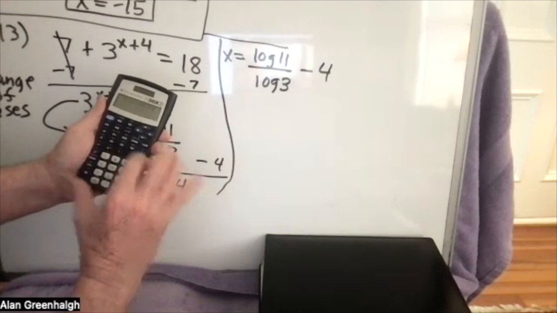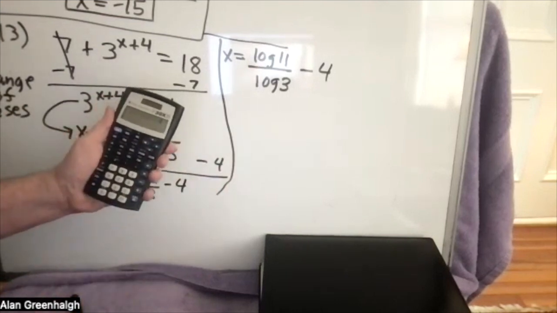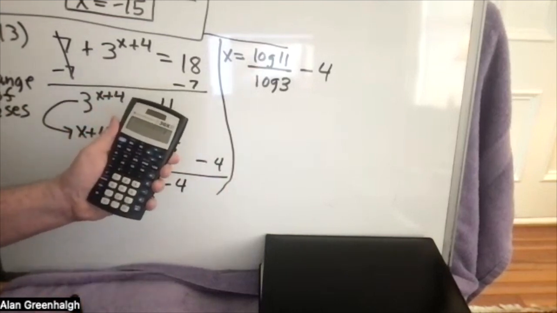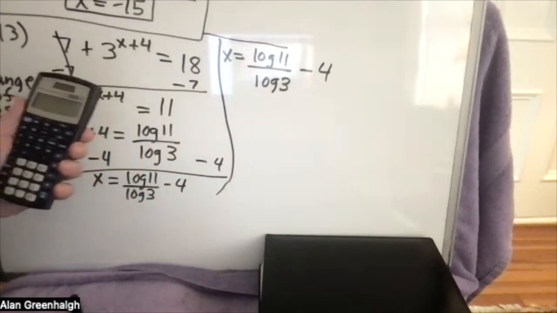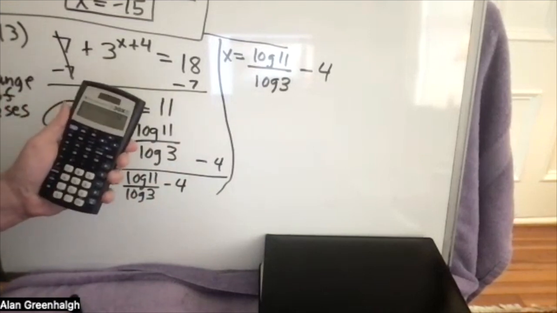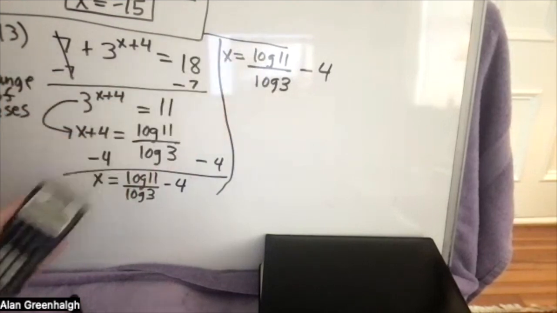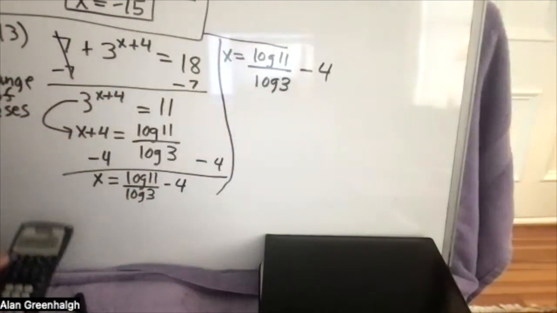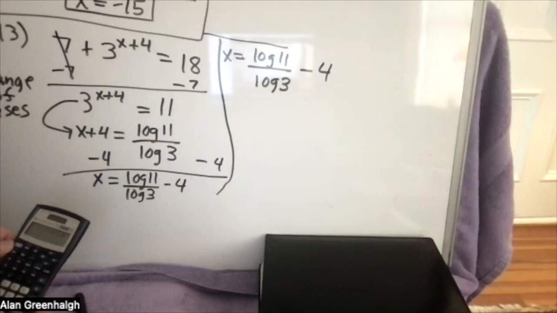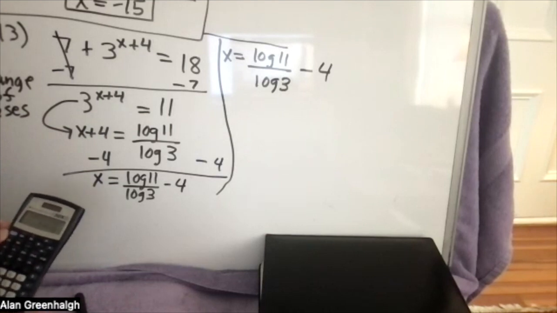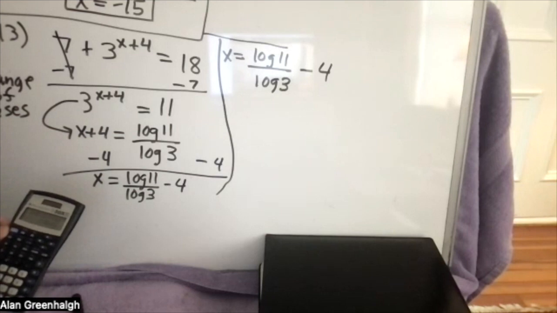You could put -4, but I wouldn't, because the calculator will assume that the -4 is in the denominator. So in my opinion, the way to do this is to just get an answer here. So you press equals, and you get 2.18.